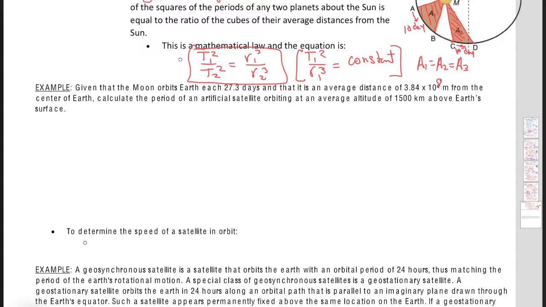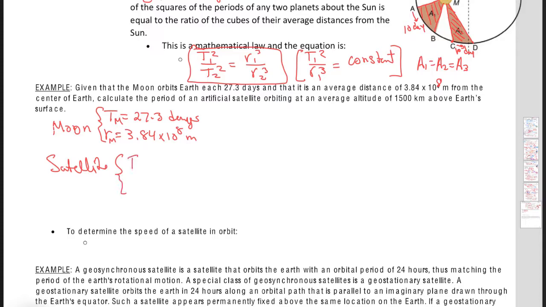So we're going to take the moon's info. It has a period of 27.3 days with a radius of 3.84 times 10 to the 8th meters, and we'll call these RM and TM. And we're looking at a satellite, which we don't know the period of.